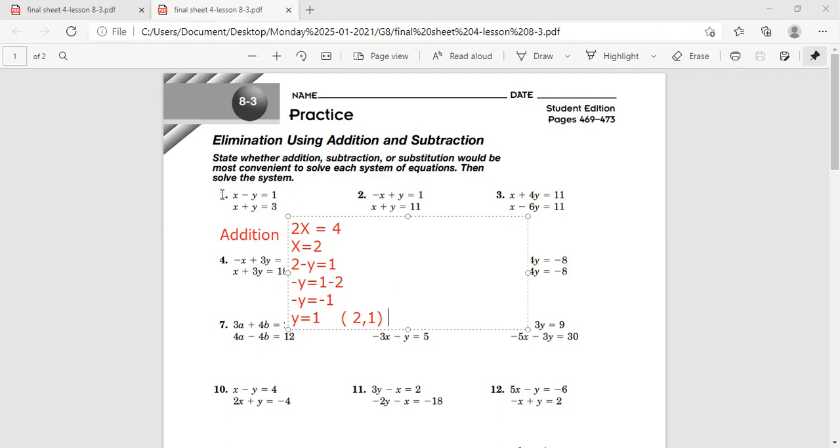For the first one, 2 minus 1 is equal to 1. This is correct. For the second equation, 2 plus 1 is equal to 3, right?